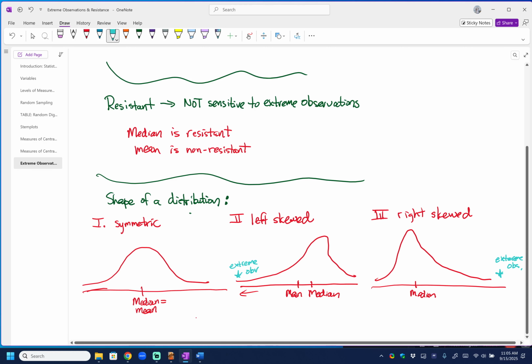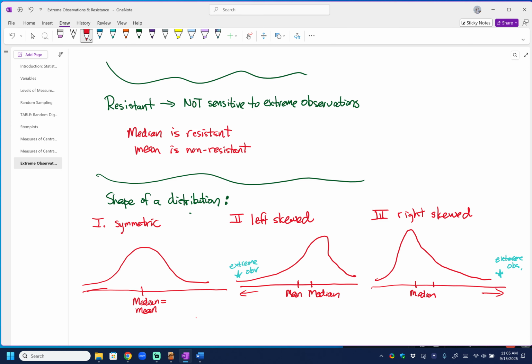So what is that going to do to the mean? It's going to pull it towards it. So again, it's going to pull this way because now we have higher values being put in the mean formula to make the number larger. So that means the mean is going to be somewhat this way. So in other words, whenever you have a right skewed distribution, the mean is always going to be greater than the median.